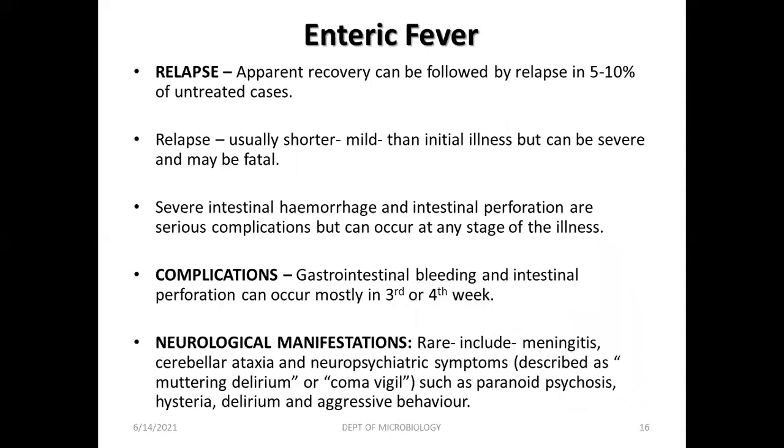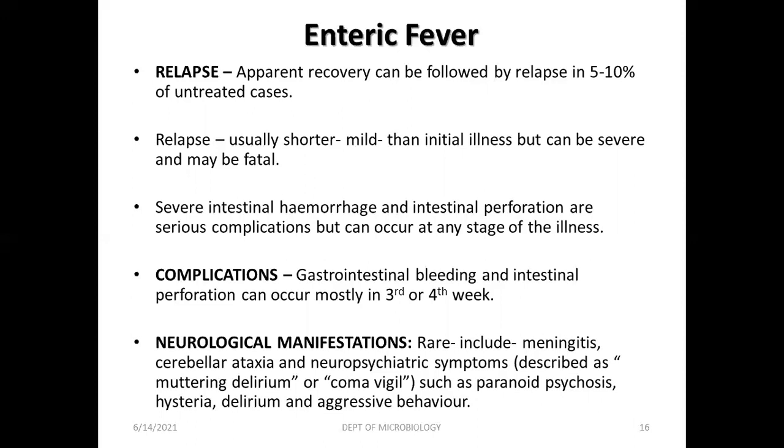In enteric fever, relapse is seen in apparently recovered patients, about 5 to 10% of patients, or in untreated cases. Relapse is usually shorter and milder than the initial illness, but can be severe and fatal also. Severe intestinal hemorrhage and intestinal perforation are serious complications that can occur at any stage of the illness.